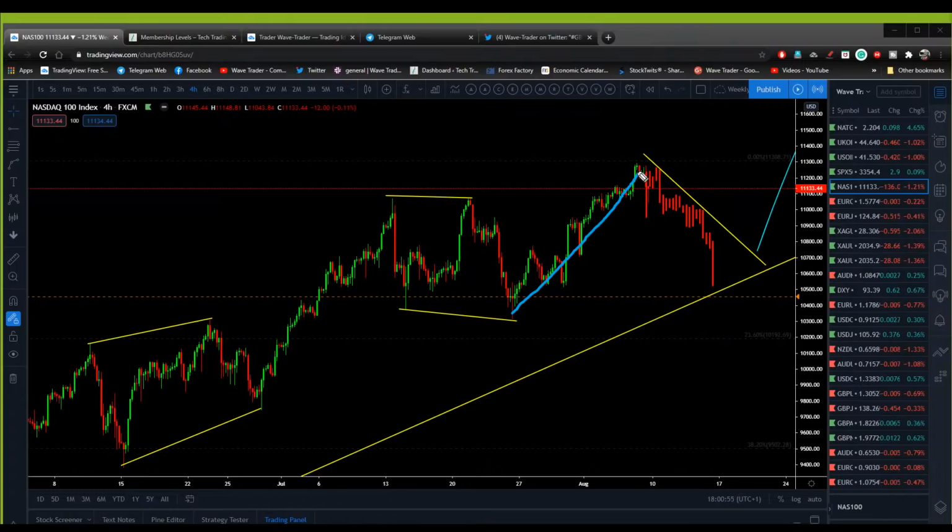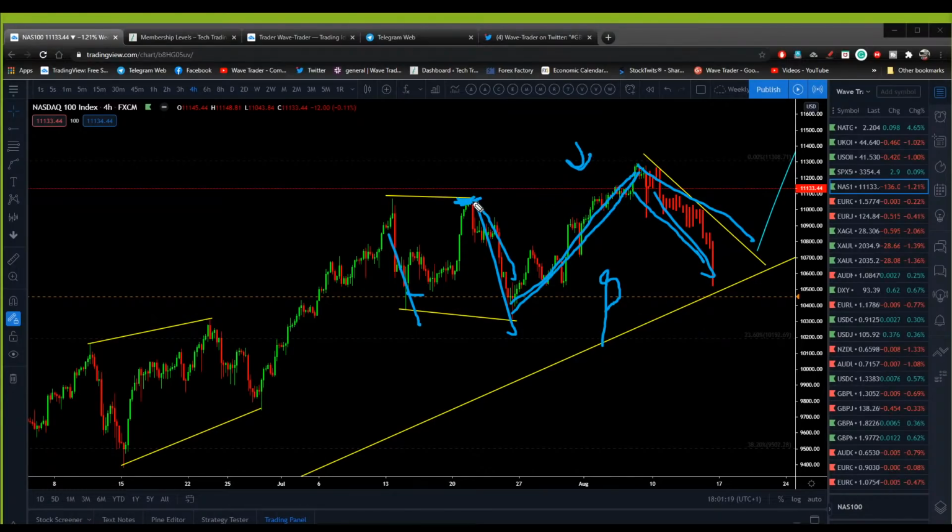US tech was also dipping at that time, and that was creating a nice opportunity. So that move has already happened. Now you're looking for another correction like that. We were waiting for that move to happen when price was there.